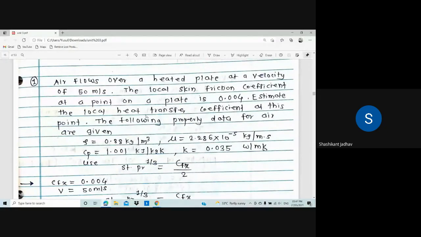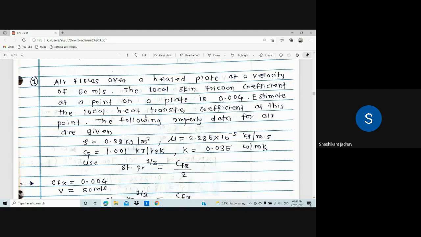Estimate the local heat transfer coefficient at this point. The following property data for air are given.